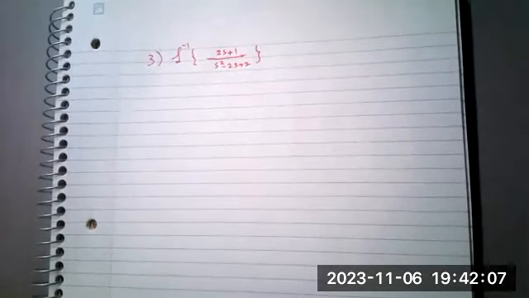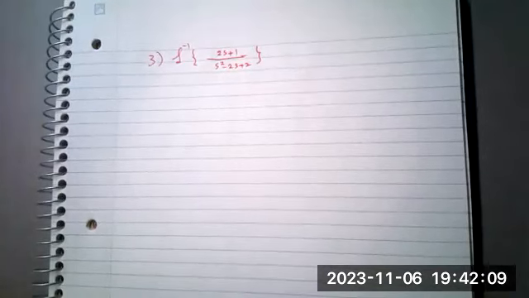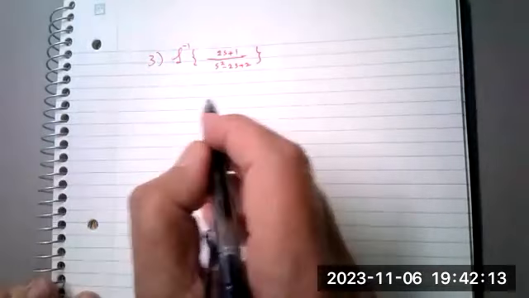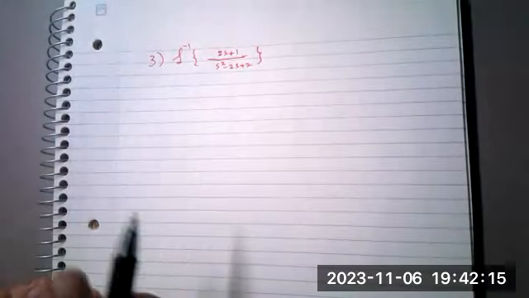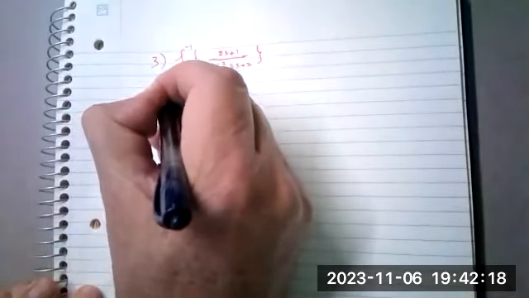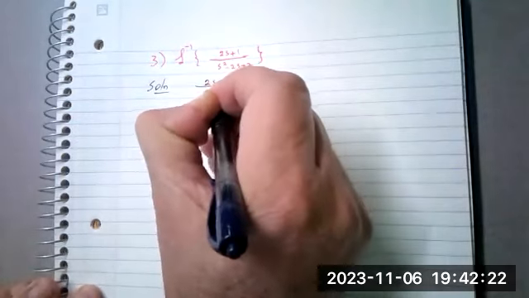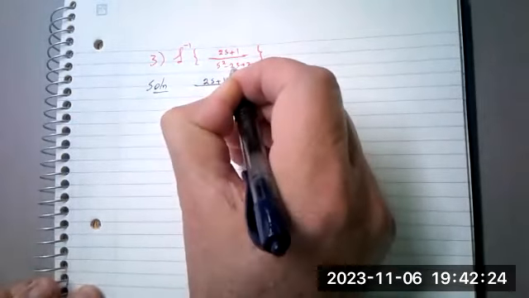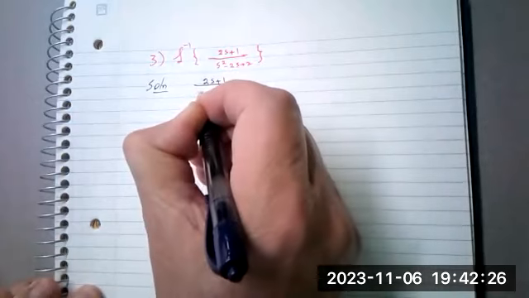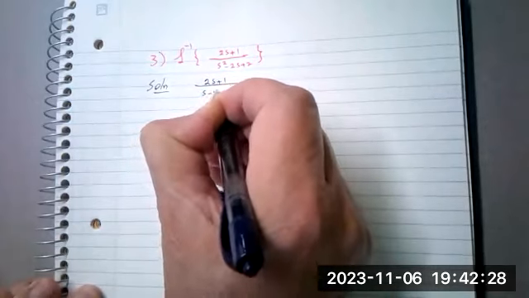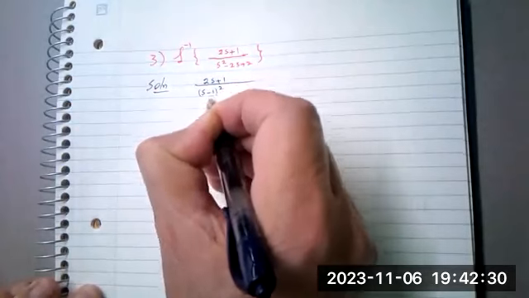Again, you check the denominator first. It's not factorable, so you have to complete the square. The solution is going to be, I rewrite it, 2s plus 1. To complete the square, you divide this coefficient by 2, so that gives you (s minus 1) all squared, but you have to pay for it.